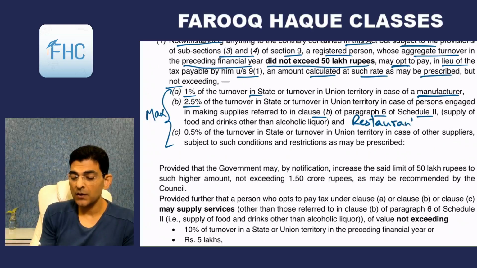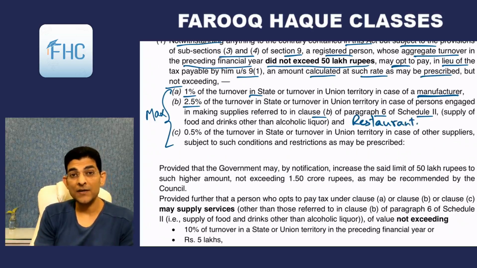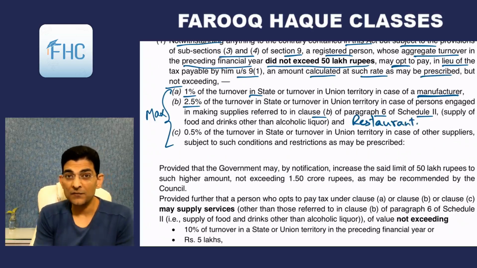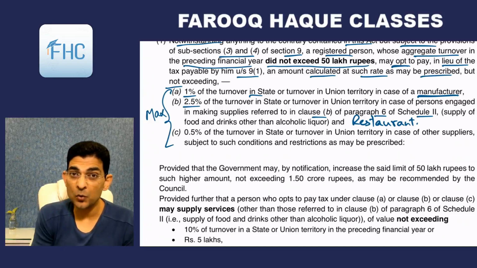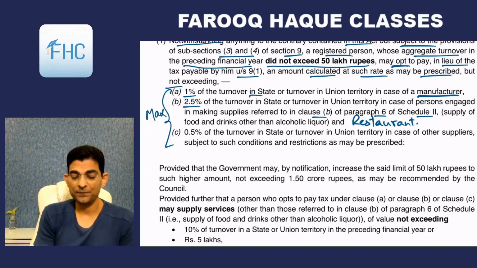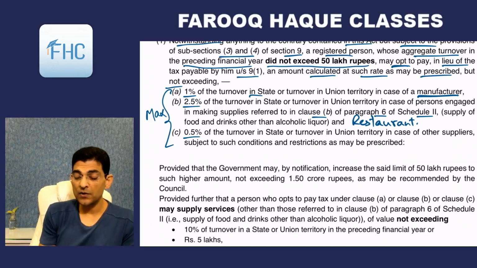In case you are into restaurant or catering service, that is food supply service basically, food and beverages, then your rate will be 2.5%. 2.5 plus 2.5 will become total 5%. And 0.5% of the turnover in state or union territory in case of other suppliers. So other suppliers means traders basically.